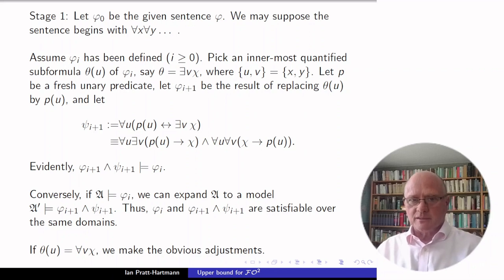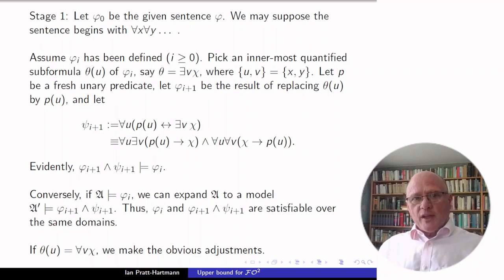It's not quite the same, but it's close. Okay, so what have we done? Given the formula phi I, we've produced a formula phi I plus 1 and a formula psi I plus 1, such that phi I and the conjunction of phi I plus 1 and psi I plus 1 are satisfiable over the same domains.